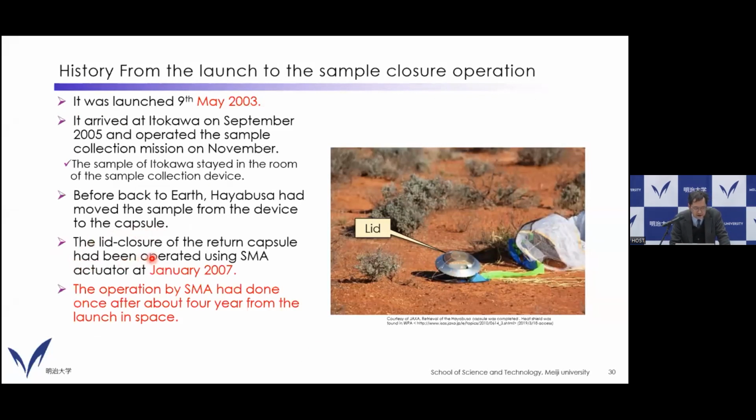The lid closure operation of the return capsule was operated using the shape memory actuator in January 2007. The operation by shape memory alloy was done once, after about 4 years from the launch, in space.